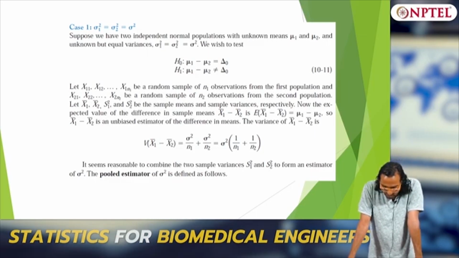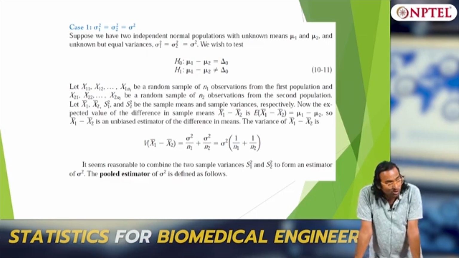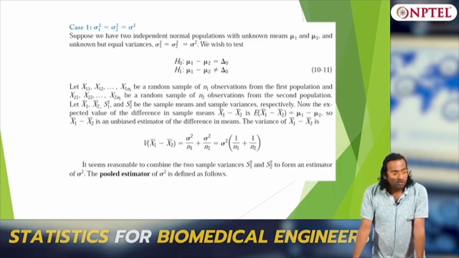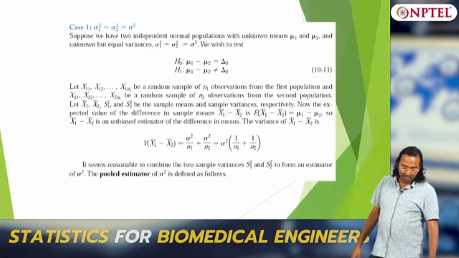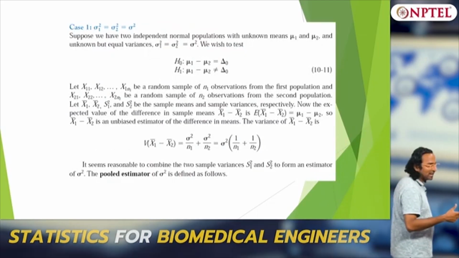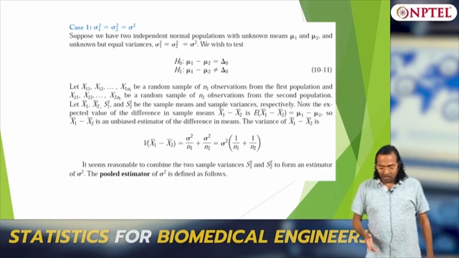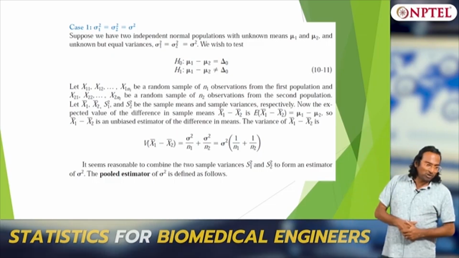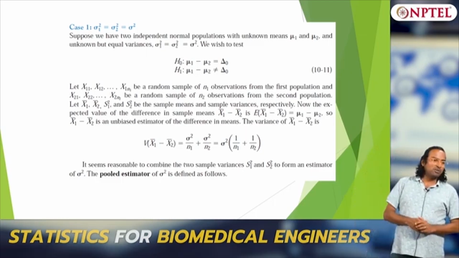So what is the assumption here? Sigma 1 squared equals sigma 2 squared. There are multiple cases, okay. The first case is when both population variances are the same, so you take sigma squared as common and you have sigma squared into 1 over N1 plus 1 over N2.